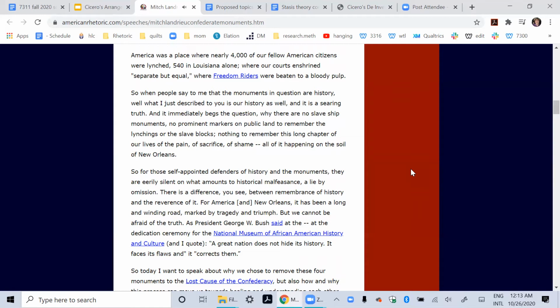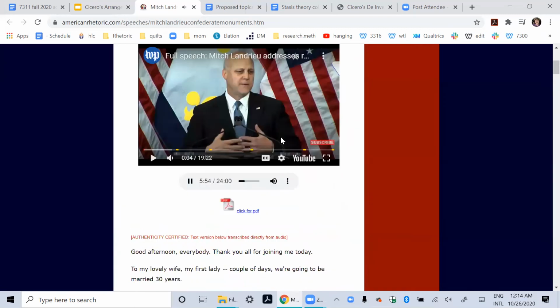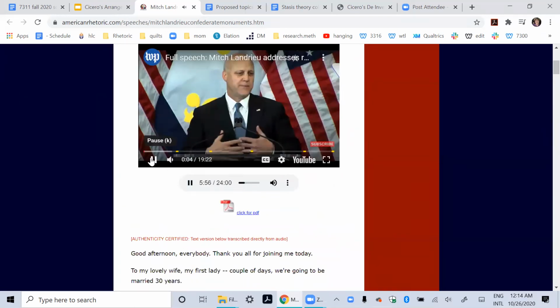For American New Orleans, it has been a long and winding road, marked by tragedy and triumph, but we cannot be afraid of the truth. As President George W. Bush said at the dedication ceremony for the National Museum of African American History and Culture, and I quote, "A great nation does not hide its history. It faces its flaws and it corrects them." So today I want to speak.